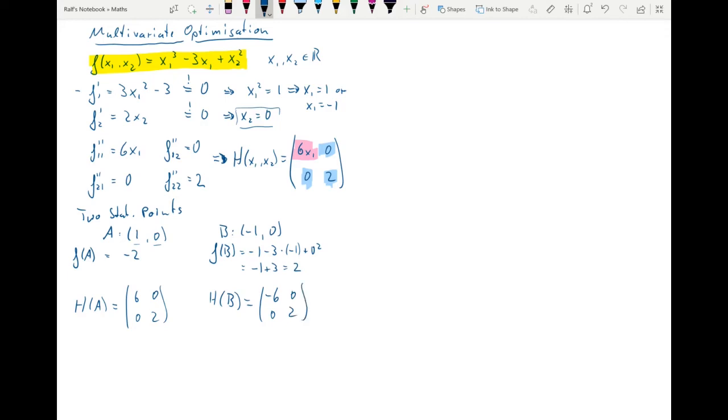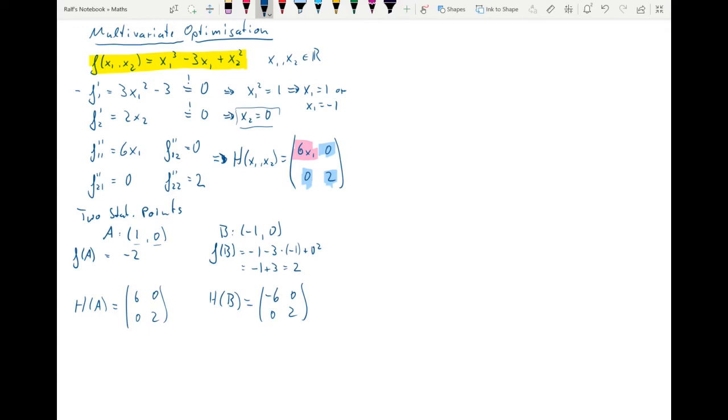What we need to figure out, whether the function is concave or convex at this point, is whether the Hessian at that point is either negative definite or positive definite. If it's neither, we will have a saddle point. So what about H at A?